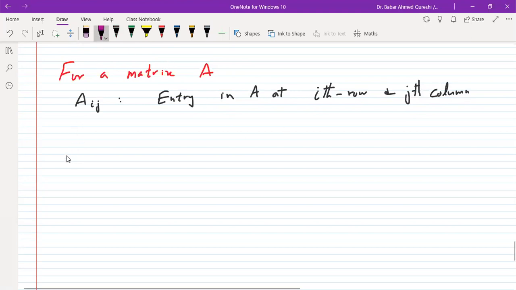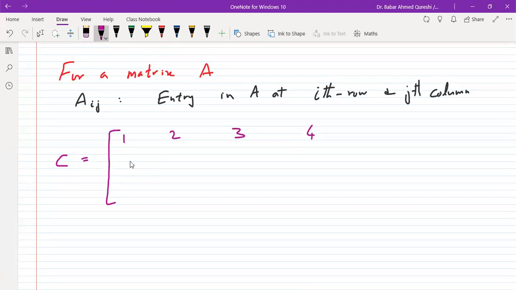So for example, if I have this matrix, I can write, so what would be C23?